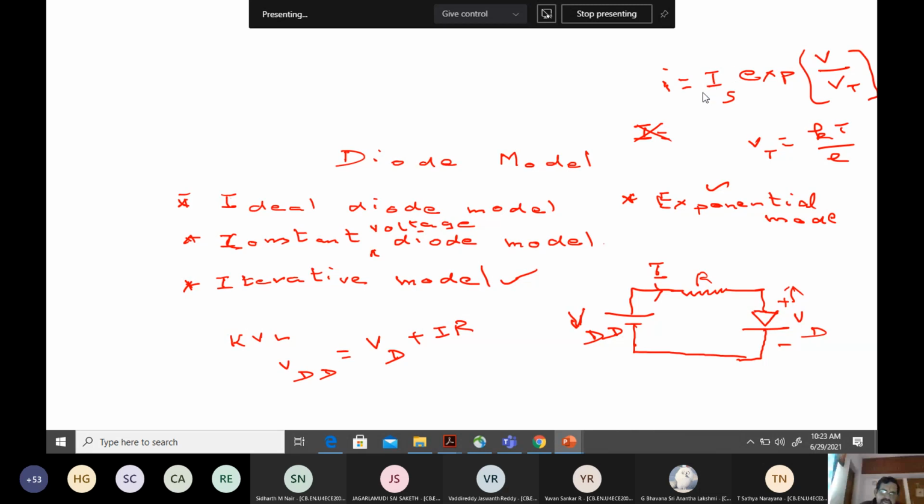And then the doping levels and the mobility, we can actually find the current Is. I also need to know at what temperature I am operating, because Is is a function of temperature. Then we can find the current that flows through the diode using this equation.